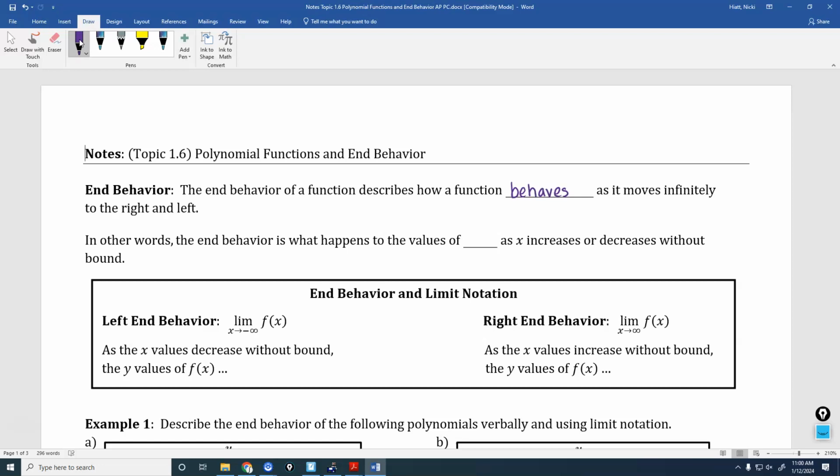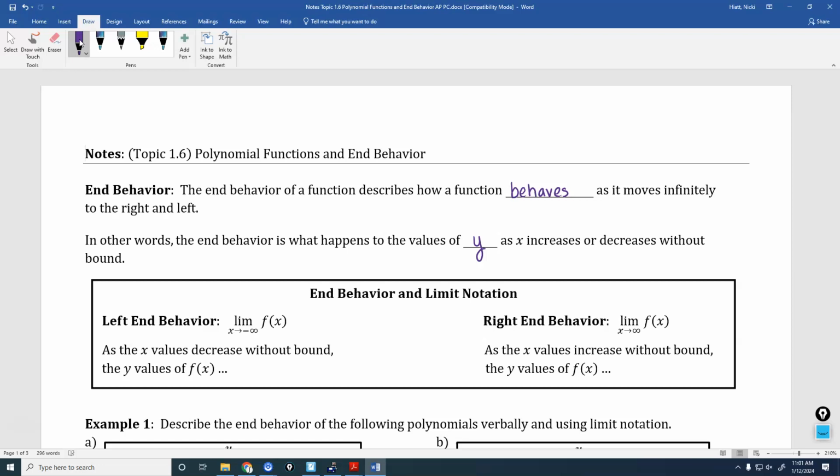Okay. In other words, the end behavior is what happens to the value of y as x increases or decreases without bound. Okay. So there are two ways they're going to have us write this for these problems.